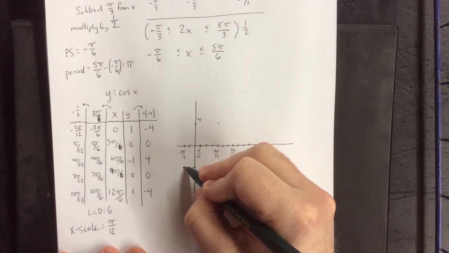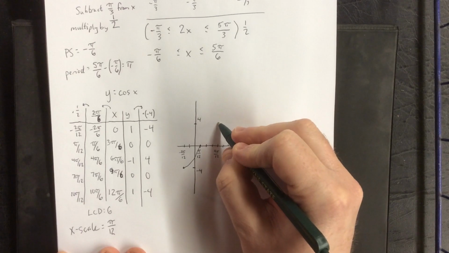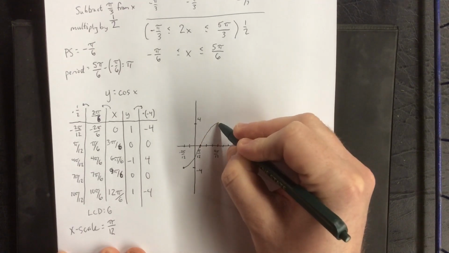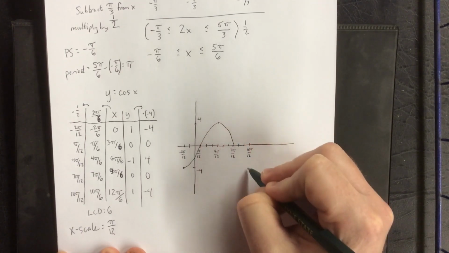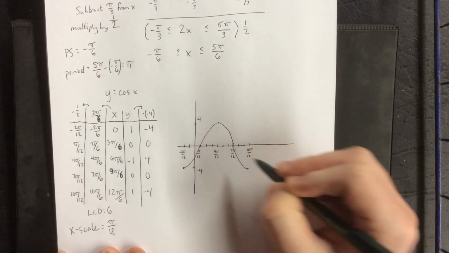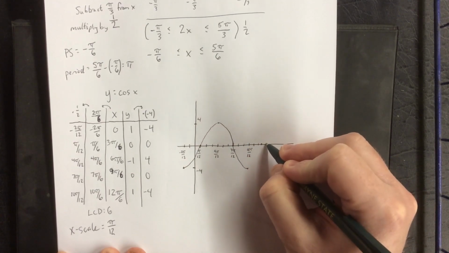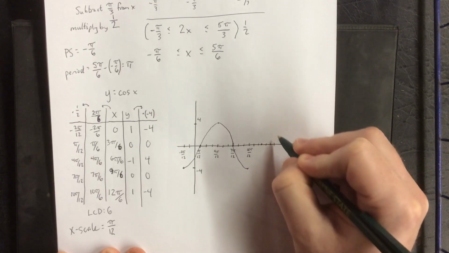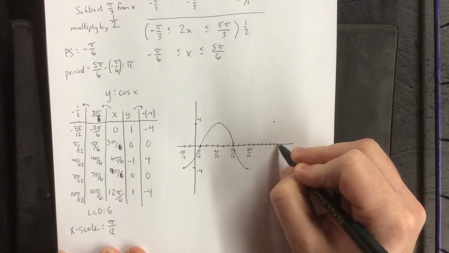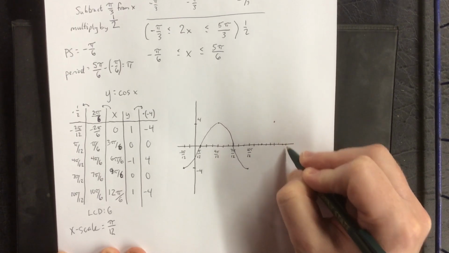To make a nice, smooth, continuous graph, connect our local maxima and local minima to our midline points. If we wanted to continue the pattern, then every 3 tick marks we'll have a new corresponding point.